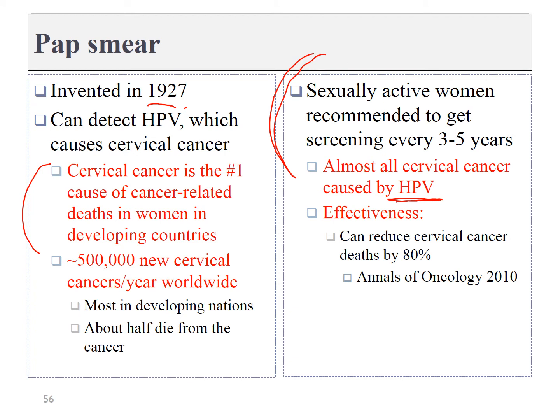Most cancers arise by mutations caused by errors in mitosis or by carcinogens in the environment. This is one that's caused by a virus that integrates into our DNA. But this procedure here can detect when this goes wrong, and it's very effective at detecting the cancer early, which allows for its removal.